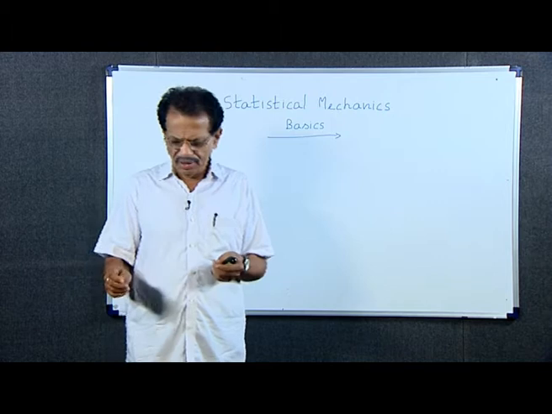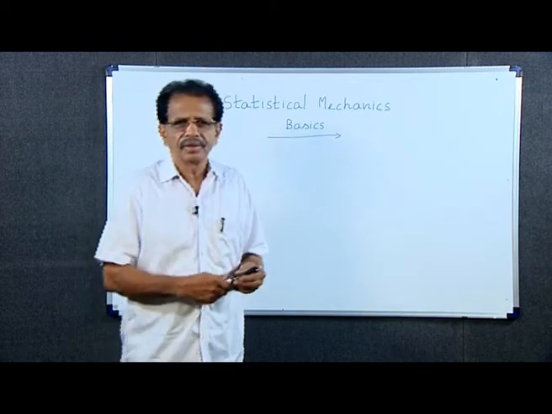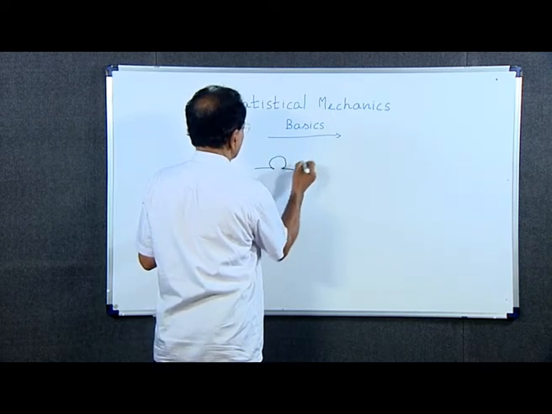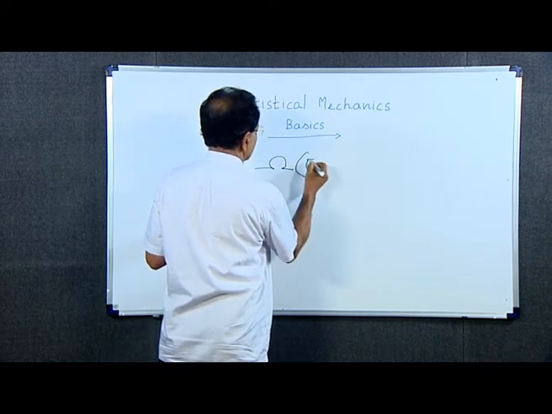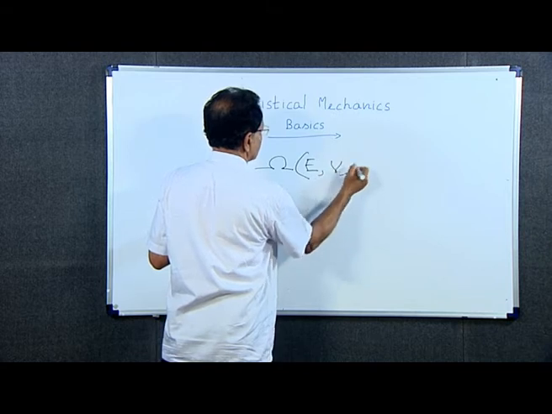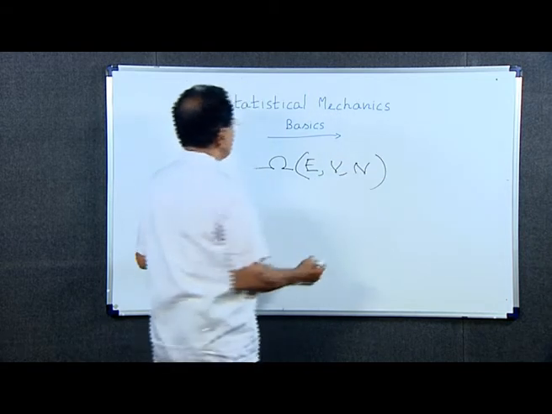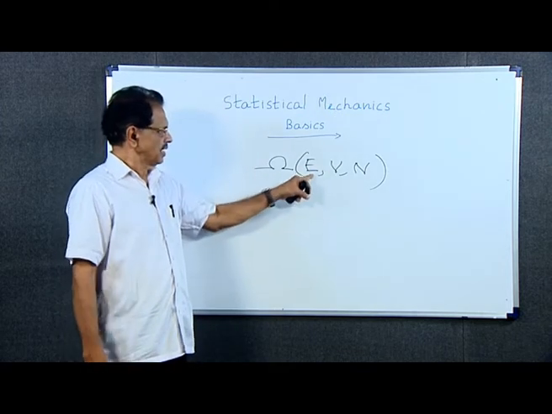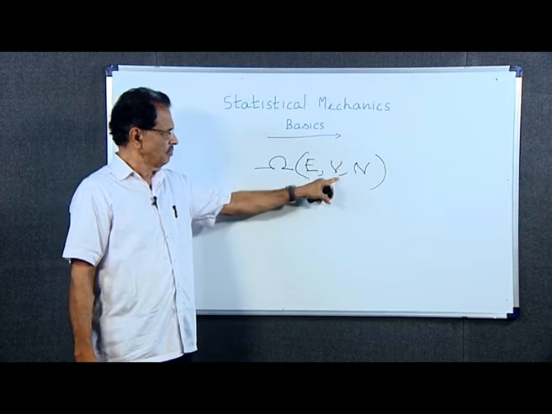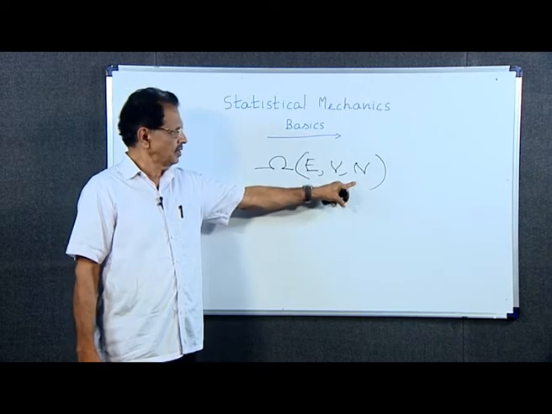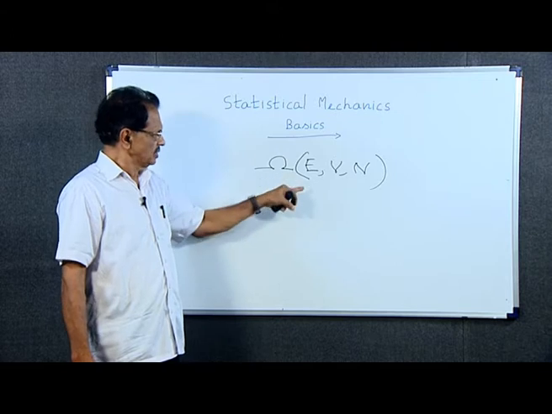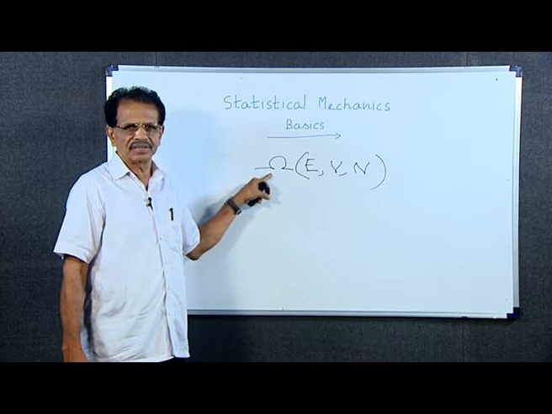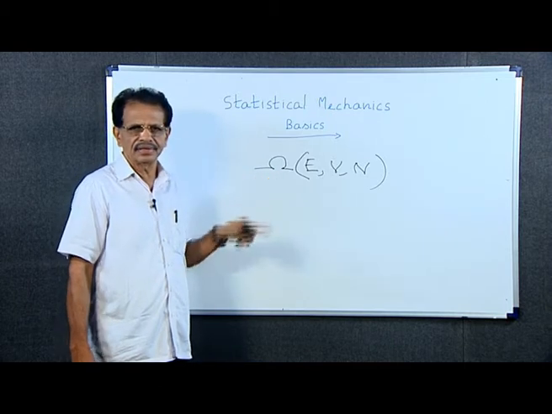So, we define the statistical weight omega of a macro state characterized by energy E, volume V, and number of particles N. This is the statistical weight.